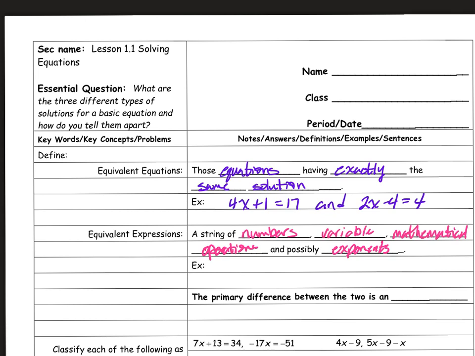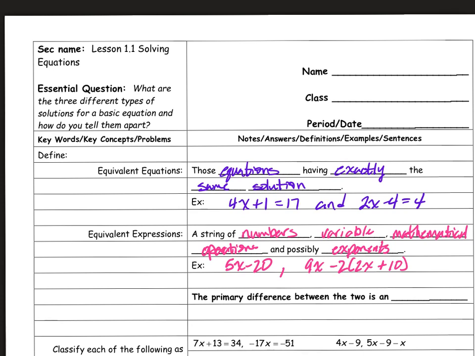An example of that would be 5x minus 20 and 9x minus 2 times 2x plus 10. If you work out that second one, it'll simplify down to 5x minus 20, so therefore they are equivalent because they're exactly the same.